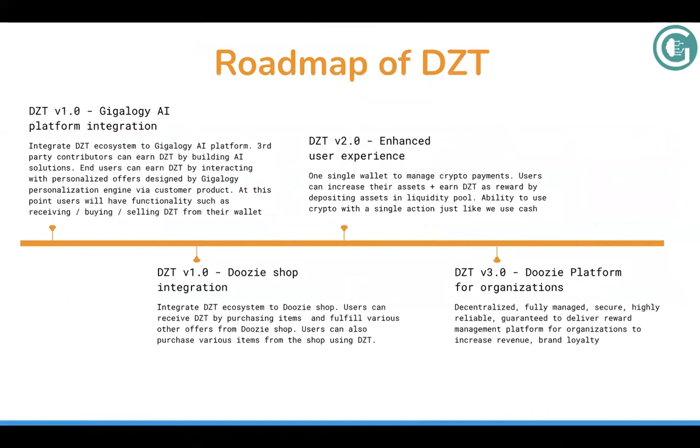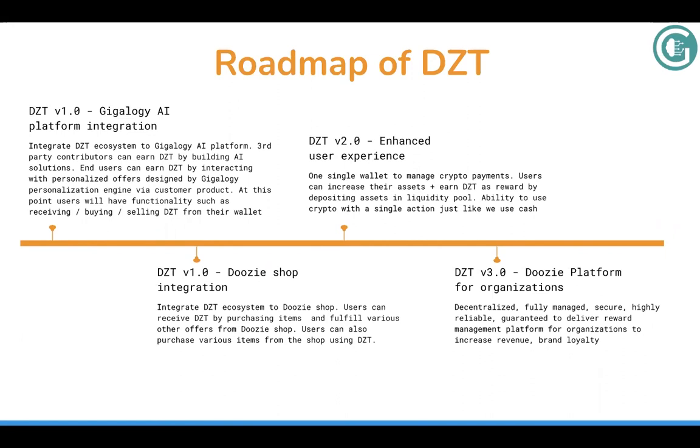So now that I have talked a lot about why we chose the Stellar network to build the Doozie token on top of it, let's talk a little bit about the roadmap. In version 1, our goal is to integrate the Doozie token into the Gigalogy AI Platform. The reason we decided to choose it is because the Gigalogy Platform is a perfect example for the Doozie token.